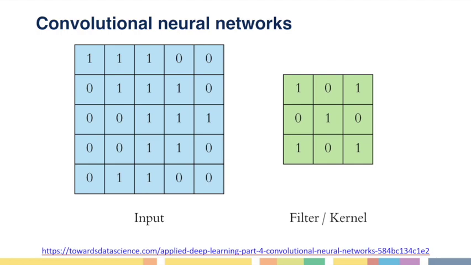One problem with this, with information that has a very large spatial correlation, is overadjustment. I have a large number of neurons to do adjustments, and by doing this, my model has the tendency to overadjust.